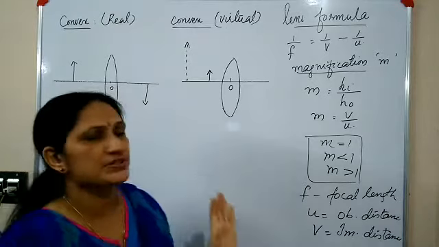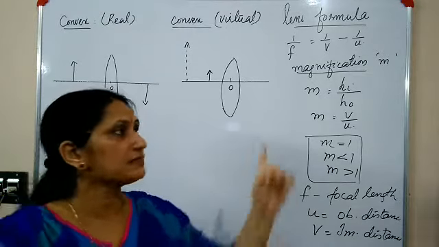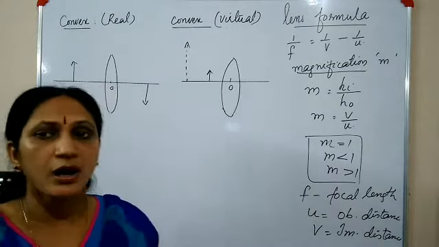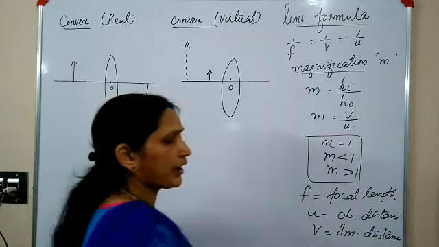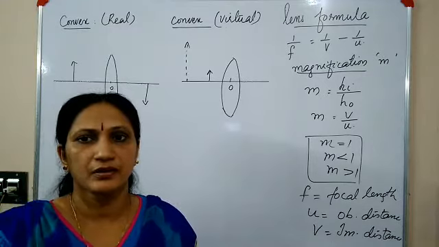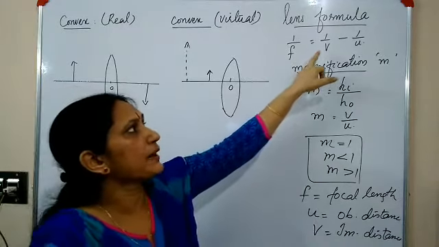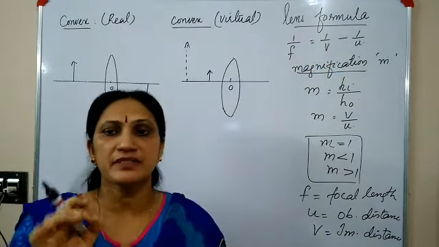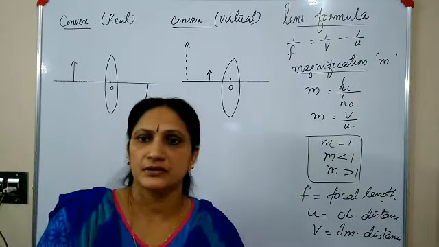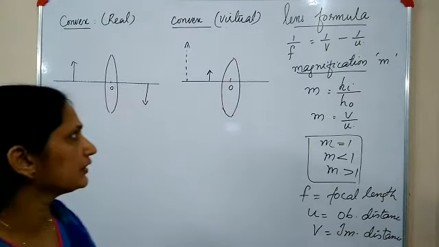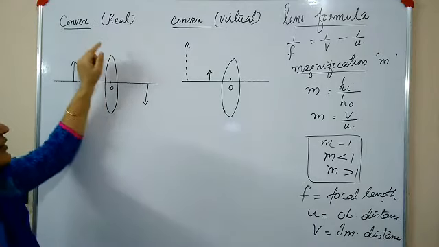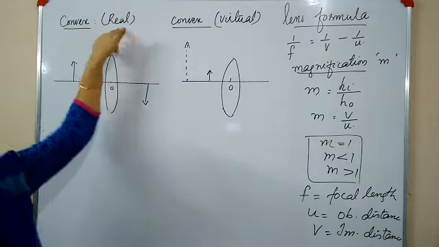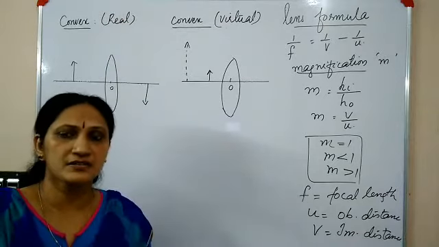The sign conventions I will teach first, then we will do the numericals. How to decide the sign of f, u and v. In numericals, when we substitute the numbers, we have to substitute with the sign.